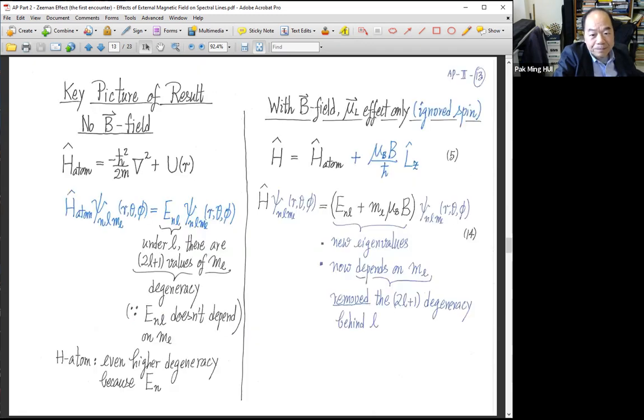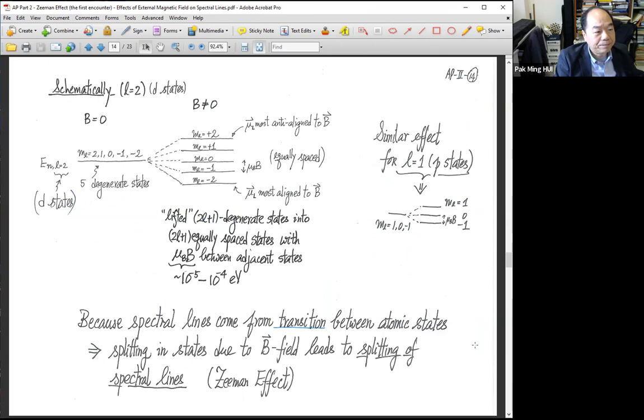So let me contrast the two cases. No field on the left, you know the last term. With field on the right, we get this extra bit depending on m. Remove the degeneracy. Important effect.